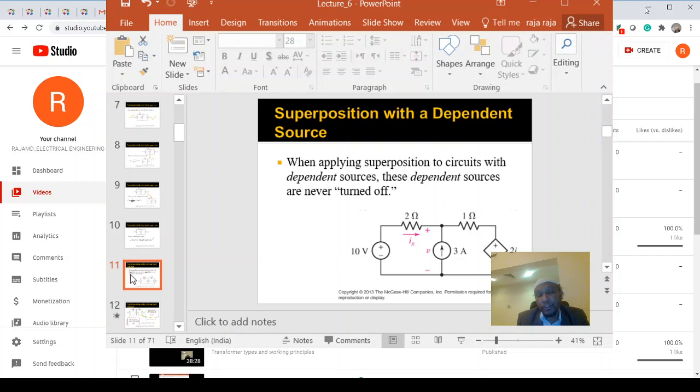So now we go to a different logic to solve when a dependent source is connected in the electric circuit and we apply the superposition principle. What different logic are we going to use? We can study that in this slide. When applying superposition to a circuit with independent sources, the dependent sources are never turned off.